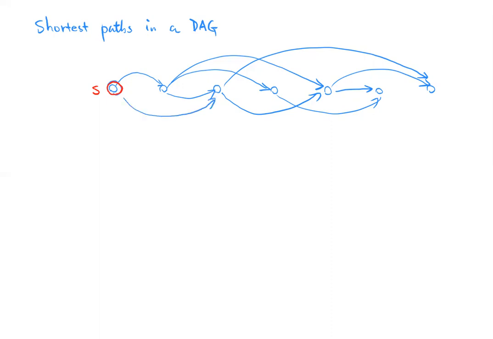So maybe this is 1, that's 3, that's -3, maybe 2, -4, 3, -1 maybe. Here 2, here maybe also -1. Okay, so suppose we have this DAG and we want to compute the shortest path from S to all other vertices.